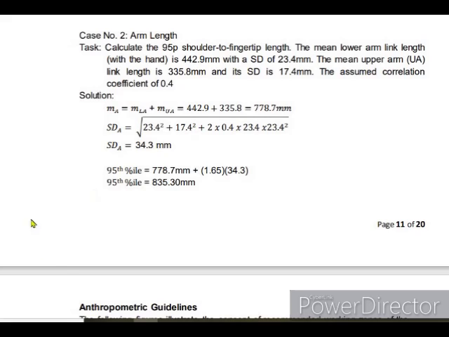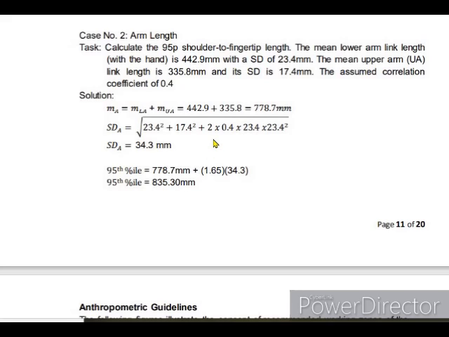So to get the standard deviation, we will just get the square root of our sum here. So we will first square the standard deviation of the lower arm length, plus we will also square the standard deviation of the upper arm length, plus 2. So where do we get this 2? This 2 is in the formula.